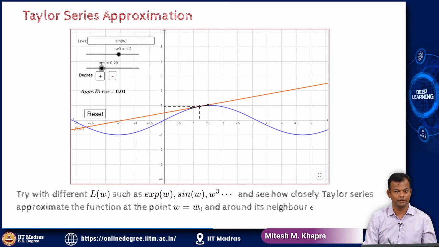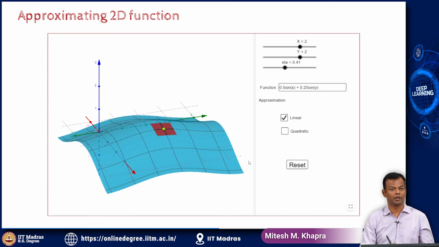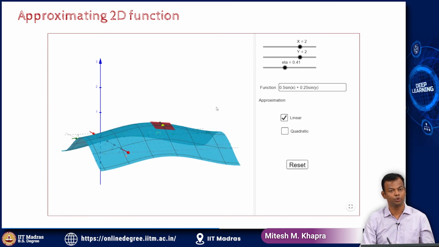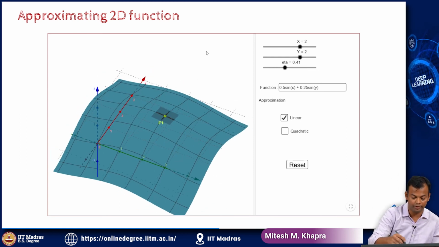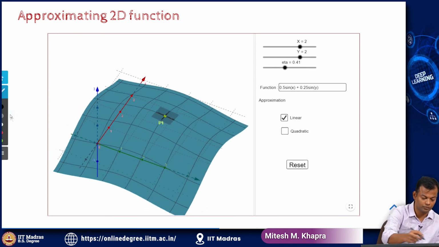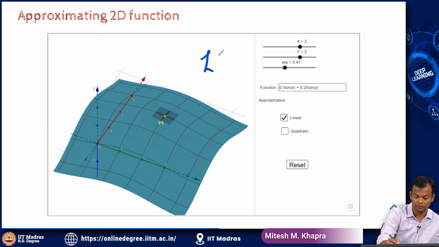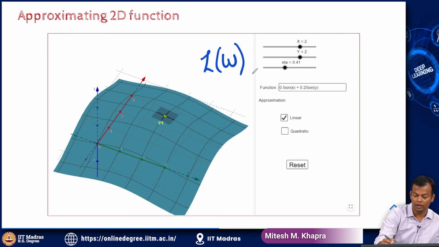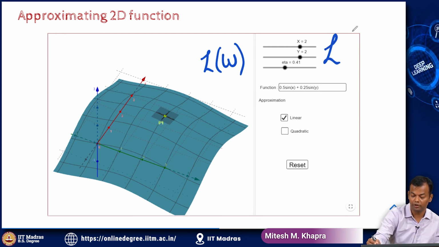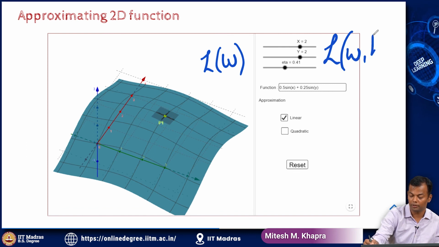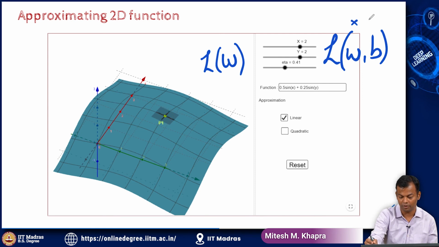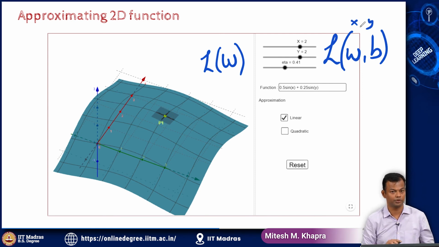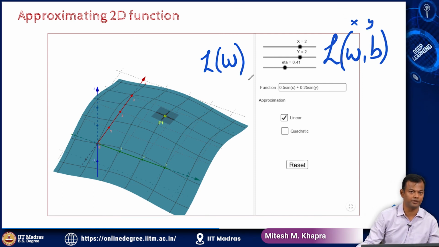Okay, so now let's go ahead and see what happens if you have a 2D function. Earlier I was just dealing with L of W. Now what if I have L of W comma B? And in this case, instead of W comma B, I just have X comma Y, for convenience, those are the two axes that I have taken.